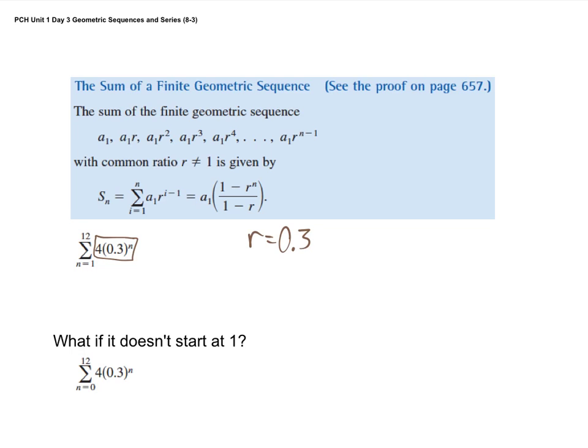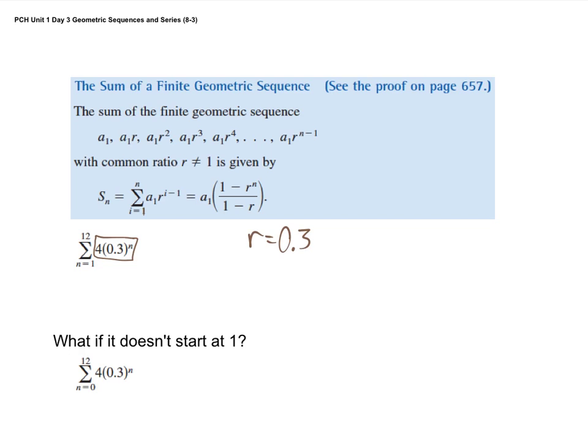Is everyone with us so far? All right, so notice our formula here. Our formula says that the sum from i equals 1 to n, this is important here, will equal a sub 1 times 1 minus r to the n over 1 minus r.